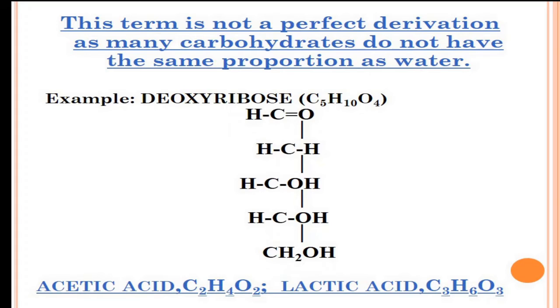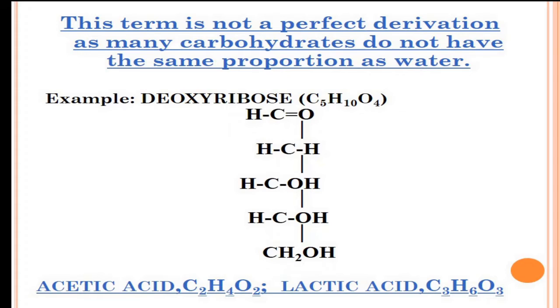The second exception includes molecules like acetic acid and lactic acid. Both these molecules have the ratio of the hydrogen to oxygen as 2 is to 1. So accordingly, these two molecules should be classified as the carbohydrates.